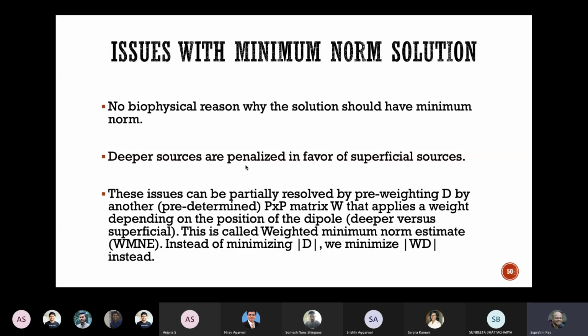So you can pre-multiply the D vector by some matrix P, and instead of minimizing D, you minimize WD. This is some sort of a normalization that is done, and that's called a weighted minimum norm solution.